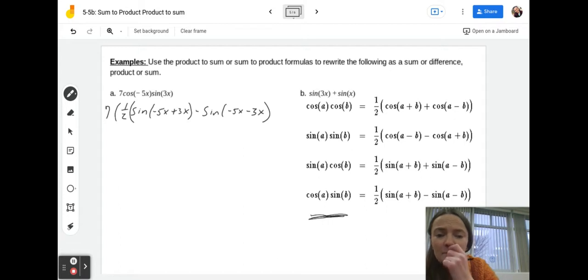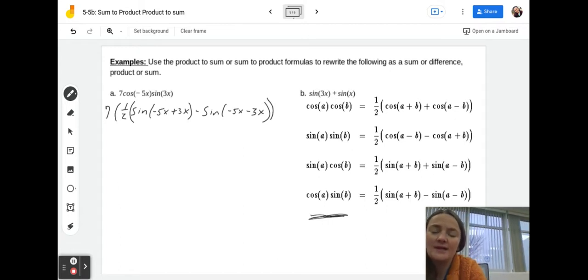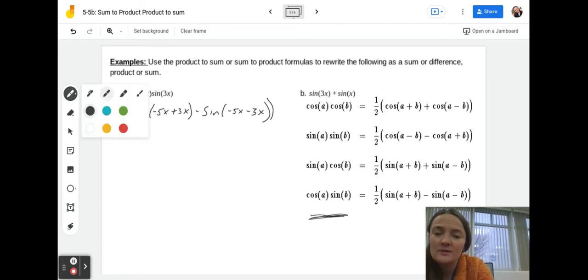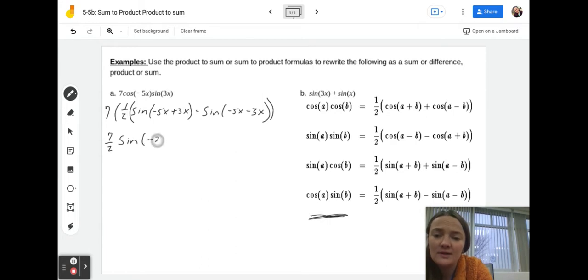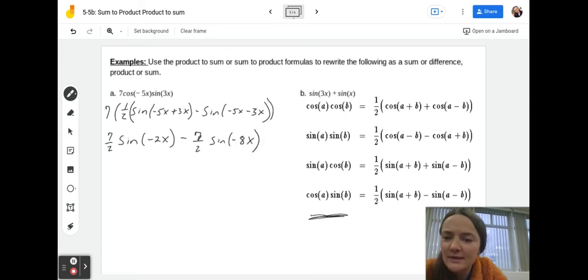All right, so that's what we're going to start with here, and we're just going to see how much we can simplify. So I can take the 7/2 to the front now. So we're going to say this is 7/2 times sine of negative 5 plus 3, which is negative 2x, minus, let's distribute, 7/2 sine of negative 8x.